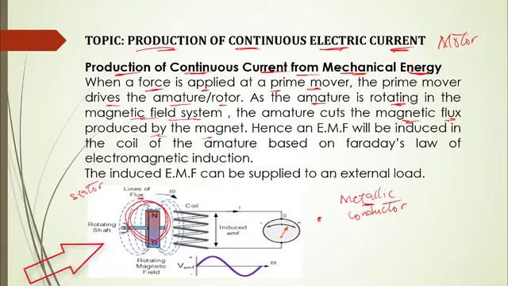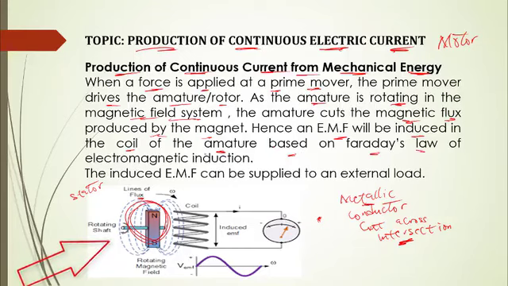And remember that it is not natural for lines of force to cut across each other or intersect against each other. So as a result of this intersection, an EMF will be induced in the coil of the armature. This is based on Faraday's law of electromagnetic induction.